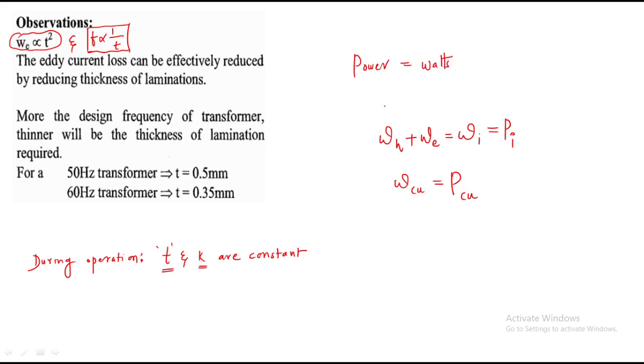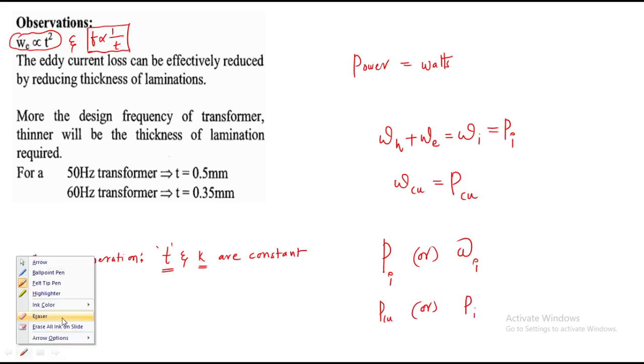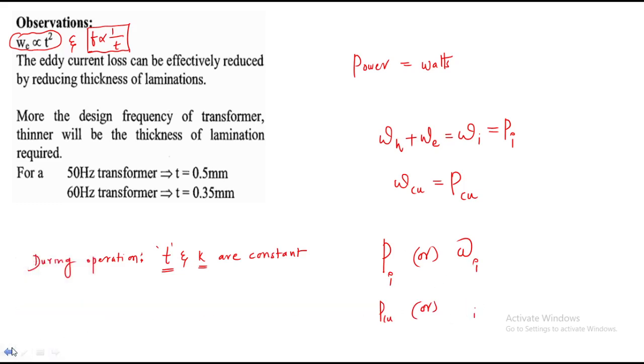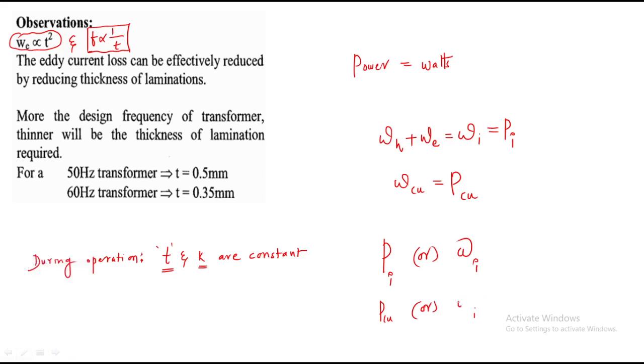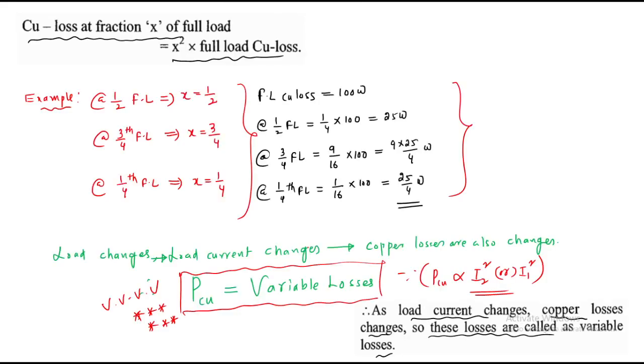That's why we notate with P or W: Pi, Wi, or Pcu, Wcu. This is Wc. So copper losses are variable losses. These are going to vary for different values of load current.